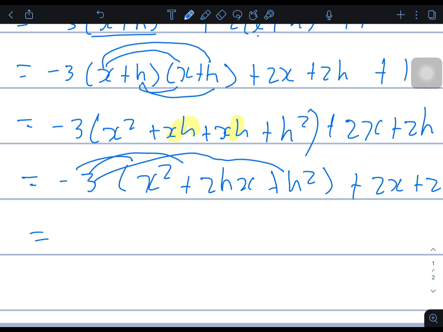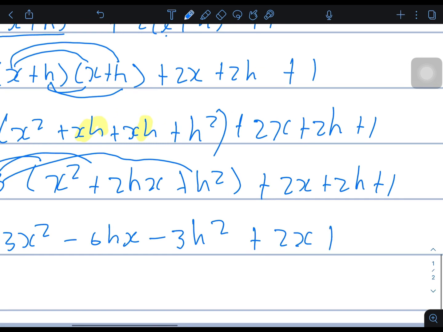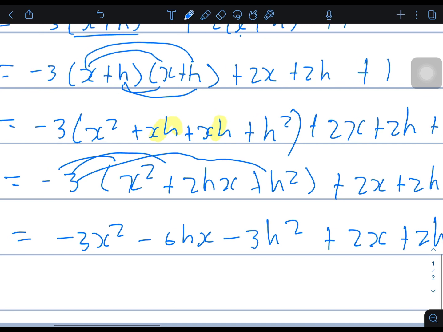Negative 3 times x squared is negative 3x squared, negative 3 times 2hx is negative 6hx, then negative 3h squared, plus 2x plus 2h plus 1.